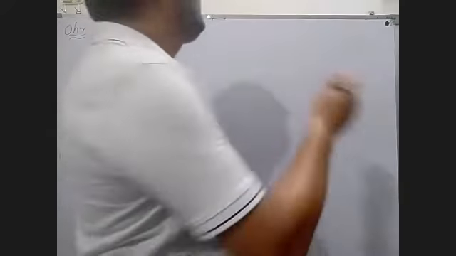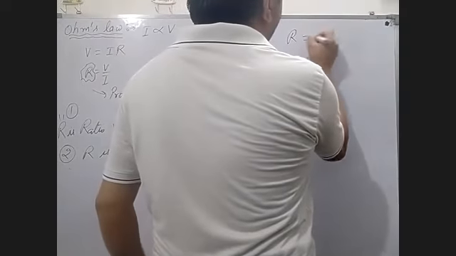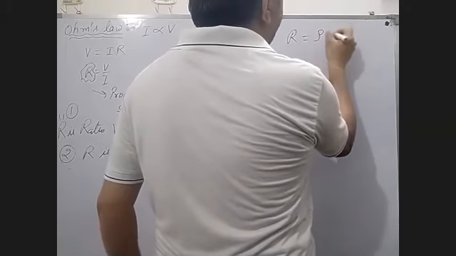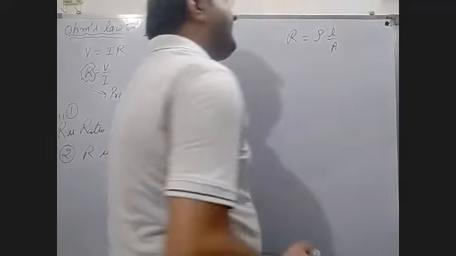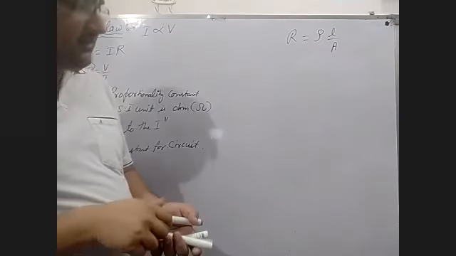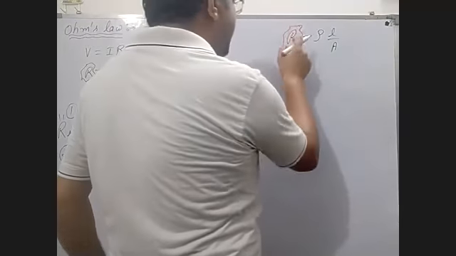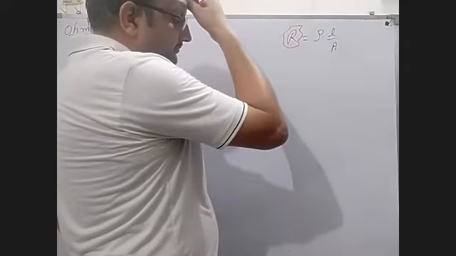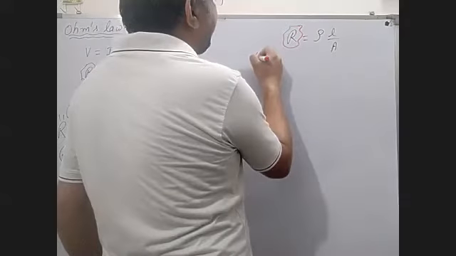Because in standard 10th, you studied R is equal to rho L upon A. Resistance is a property. Let us study this by this formula.